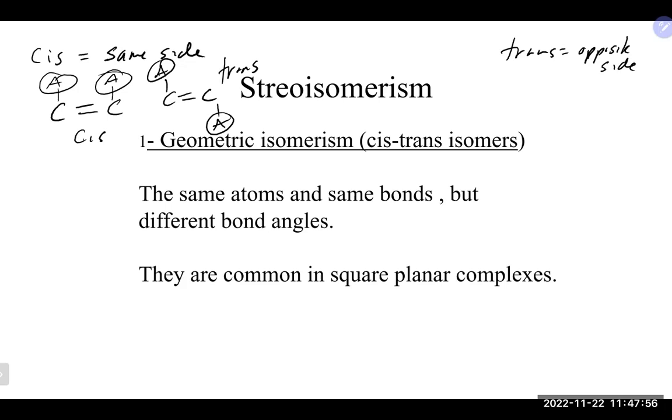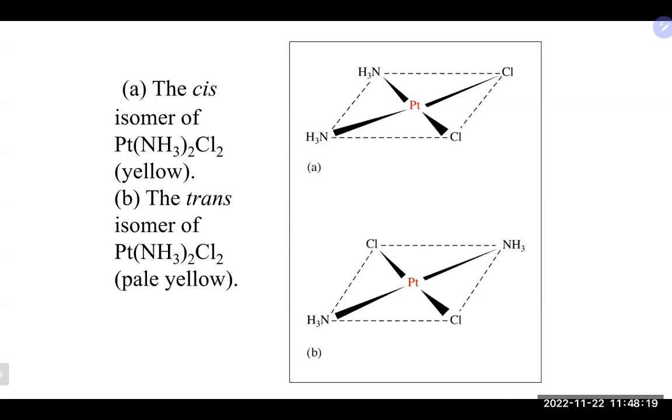Square planar, as you may remember, is an expanded octet. We've got a square and some non-bonding electrons all within a plane, basically 6 electron pairs and 4 bonds is what you've got going on there. So that's what we see here.